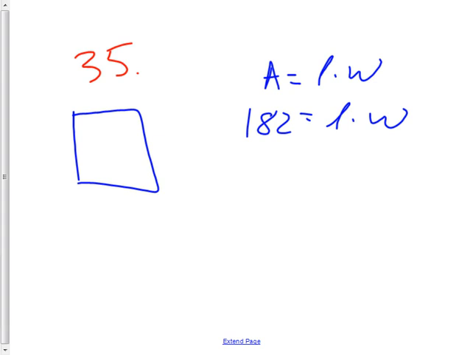They do say eventually let x be one of the sides. I recommend that you let the length and the width be the x, that way we can be consistent. You can solve for length here. Get length alone. Length would be equal to what? 182 over w.